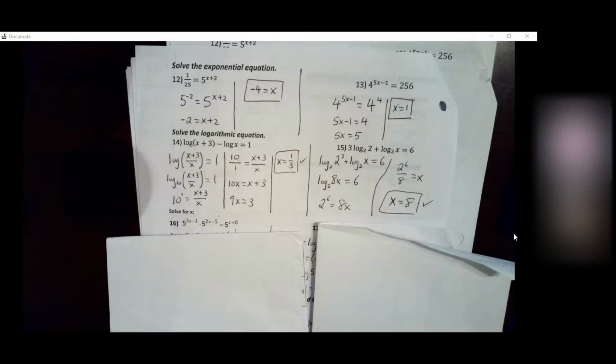Okay, and then 2 to the 6th is 64. So x equals 8. Right. Okay. Solve for x.